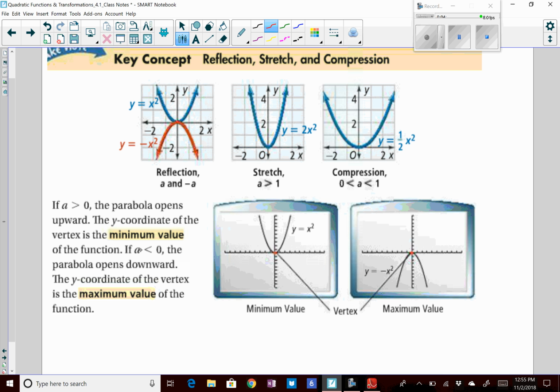If a is negative, then the parabola will open at the bottom and the vertex will be at the highest point. That's our maximum value. Now the maximum value, the value itself, is the y-coordinate of the vertex. So here the y-coordinate of the vertex is that maximum value.